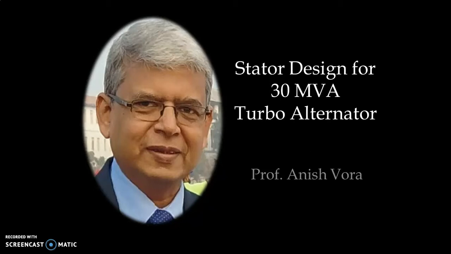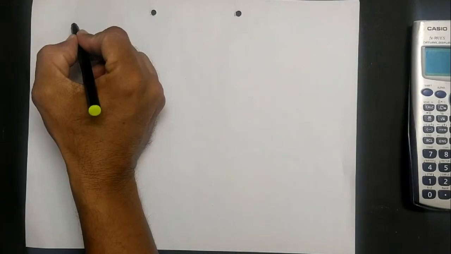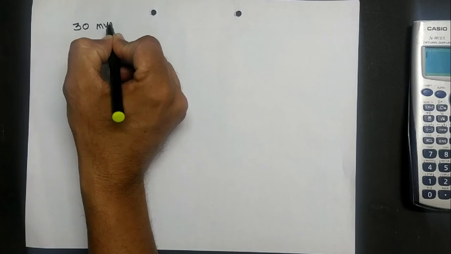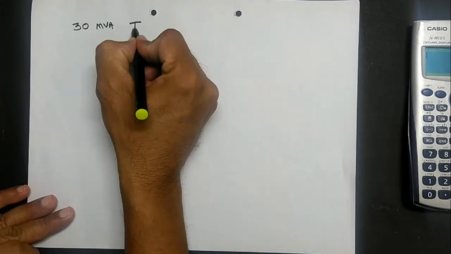So today we will take one of the example and we will solve, or rather design, a turbo alternator. So let us take one example. For example, let us consider a 30 MVA turbo alternator.